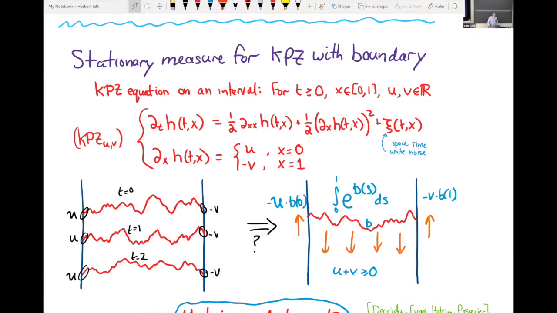Of course, when you put yourself in a finite interval, you need to impose boundary conditions. When you're on an infinite interval, you can get away without it, or you can put yourself in a periodic domain. On a finite interval, there are various natural choices for the boundary conditions. One could be that you pin the height at the left and the right to be certain values. That actually turns out to be easier than if you allow the height to vary, but with essentially a fixed slope at the two boundaries.